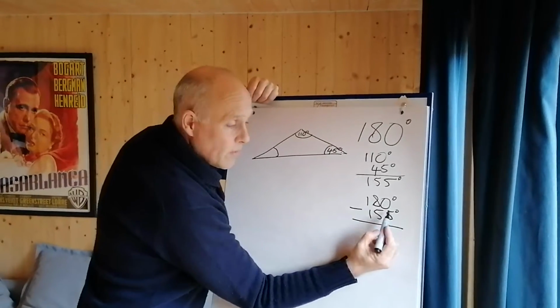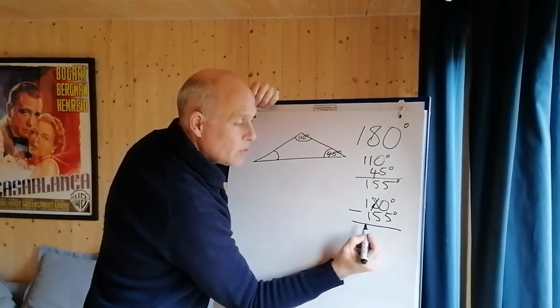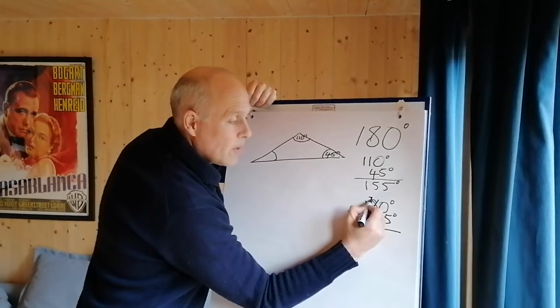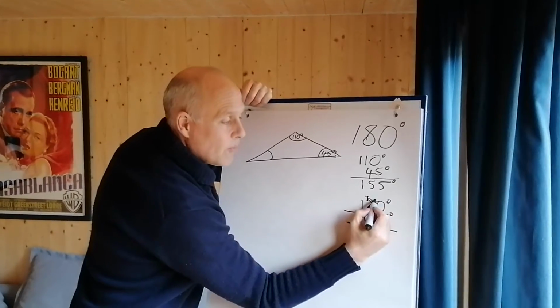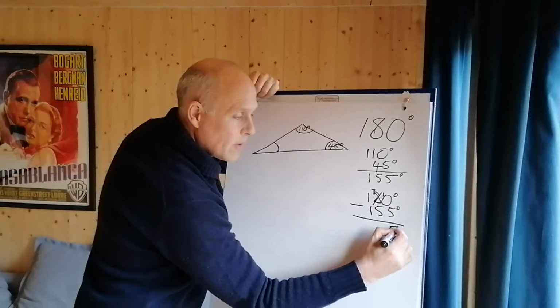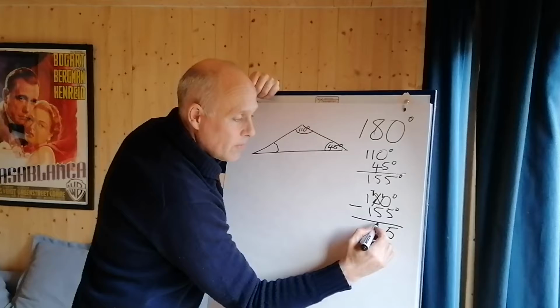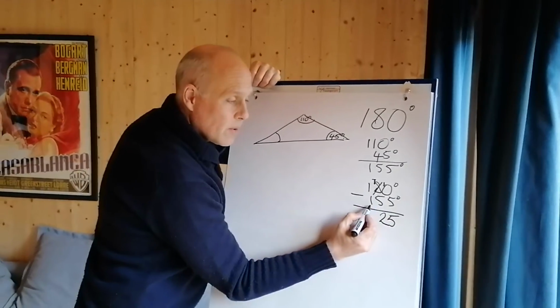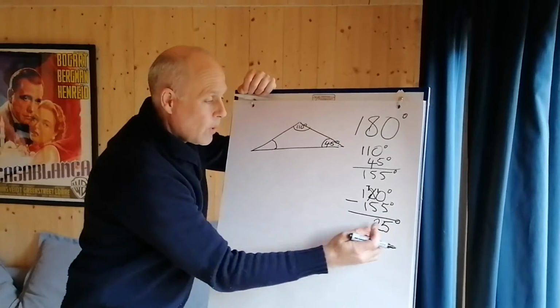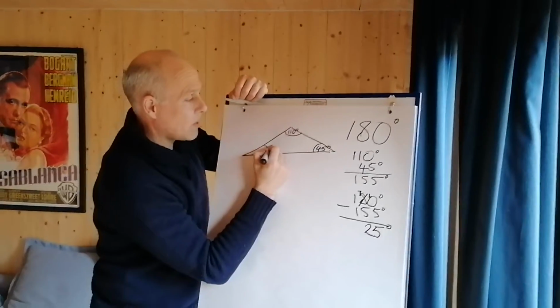Zero subtract 5, we can't do, so we need to exchange. We take 1 from our 8, we leave 7 there, and we exchange that 1 for 10 ones. 10 subtract 5 is 5, 7 subtract 5 is 2. 1 subtract 1 is 0. Therefore, we're left with a 25 degree angle.